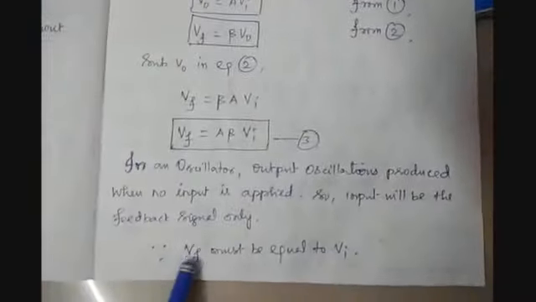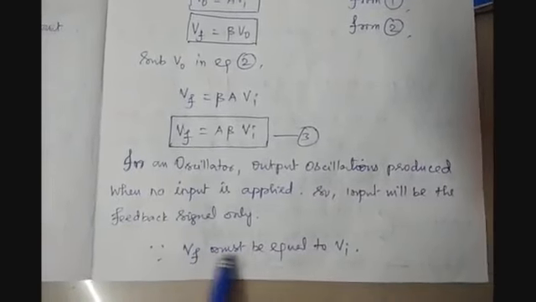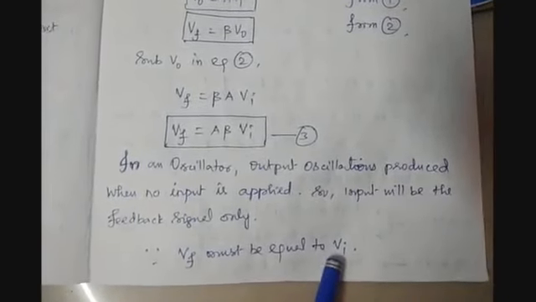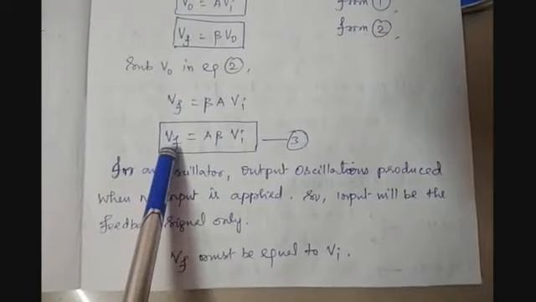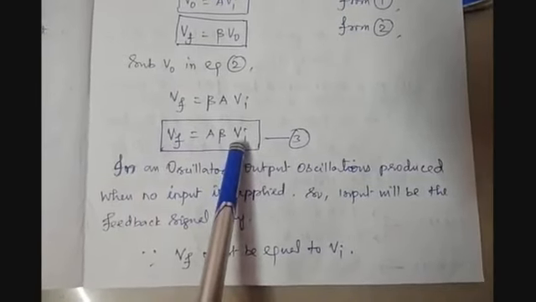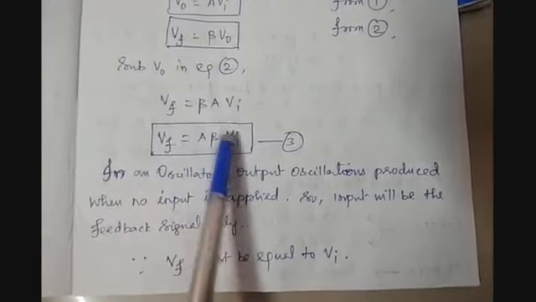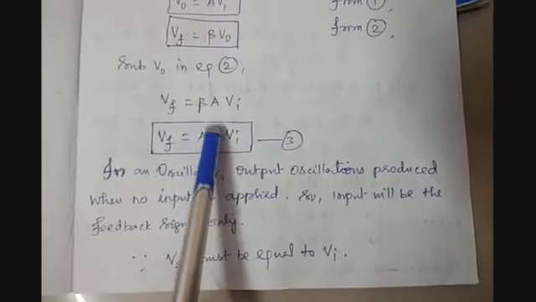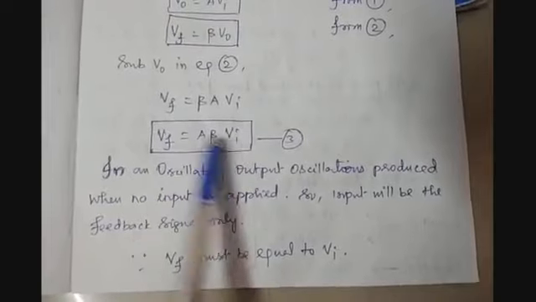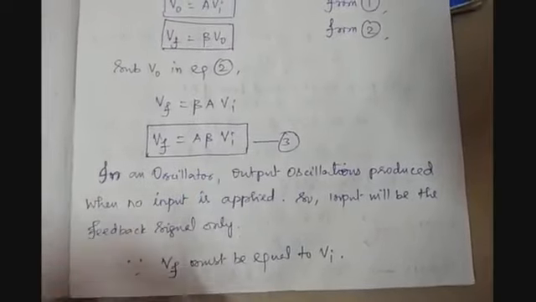So VF must be equal to Vin. So this VF should be equal to Vi. So when this VF is equal to Vi, when A beta is equal to 1, that time feedback voltage is equal to input voltage. So that is what we are going to see in the next point.